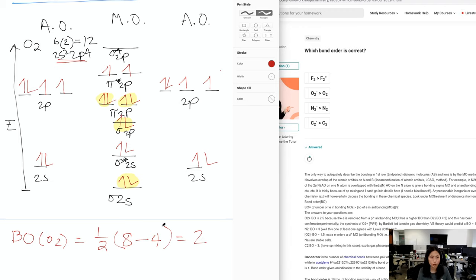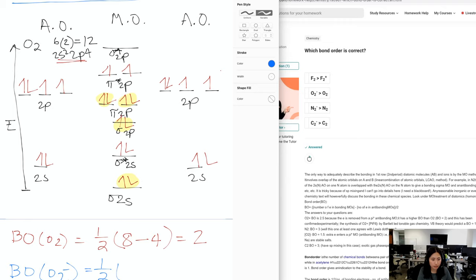And then if we go and look for O2 minus, because that's the next one, that means you have to have 1/2 times the number of electrons for bonding minus anti, right?